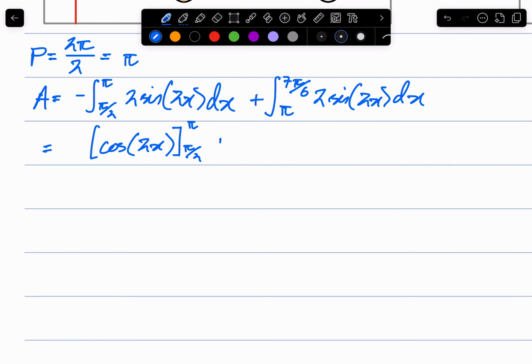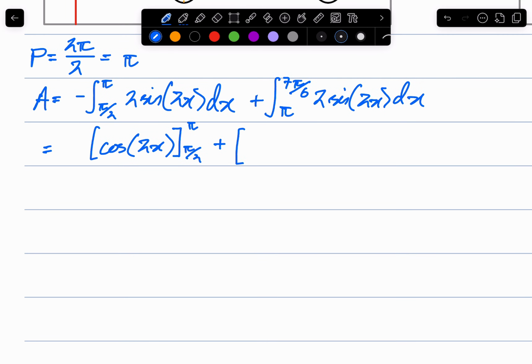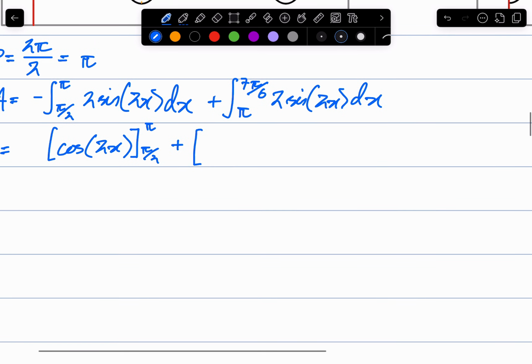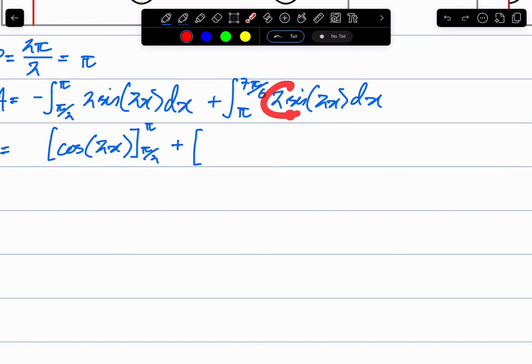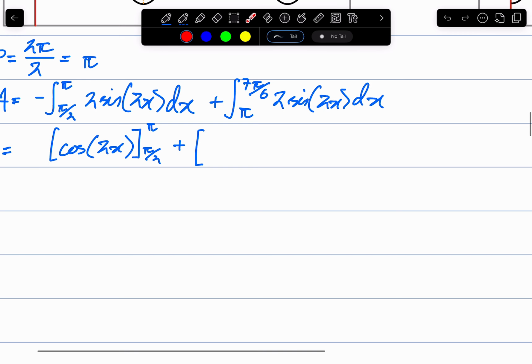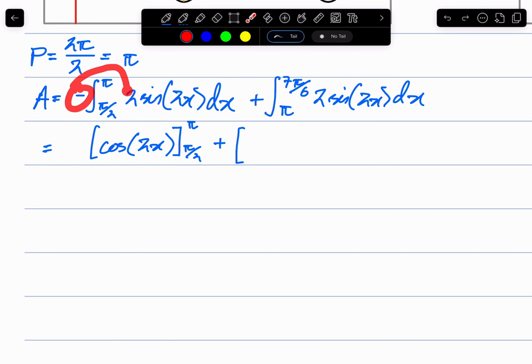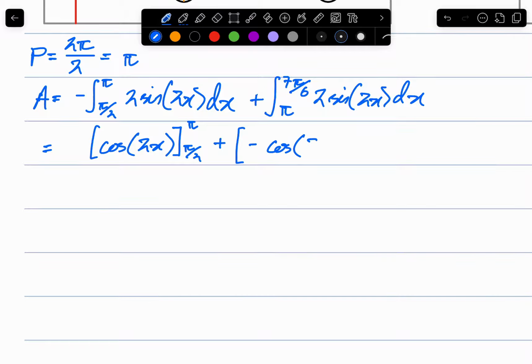Then from here we need to add onto this. It's going to be the same integral. Actually no, this one's going to be negative because the first one had a negative cos, but this is a plus. So the integral of sine is negative cos of 2x from pi until 7 pi on 6.